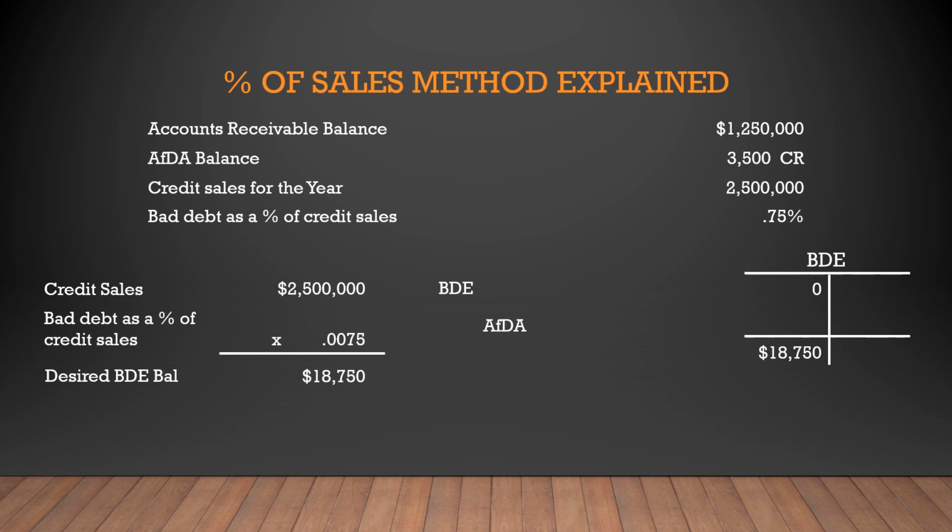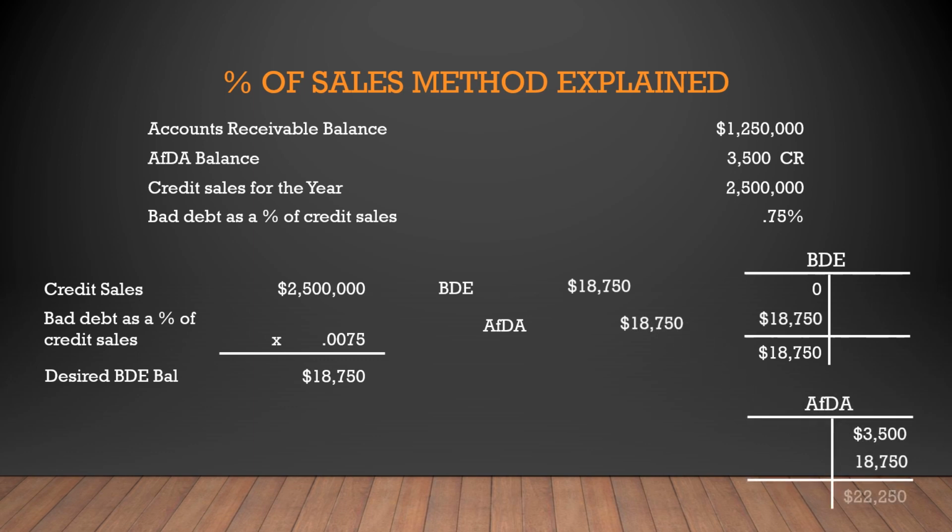Consequently, the amount we calculated here is the amount of our journal entry, which gets us to our desired ending balance in bad debt expense. The credit to allowance for doubtful accounts will bring its account balance to a $22,250 credit.